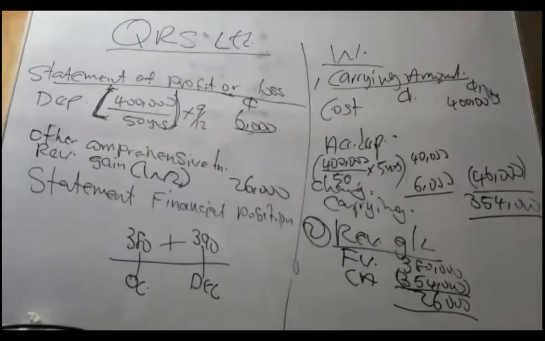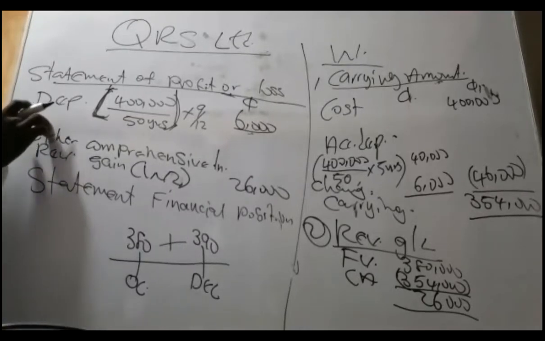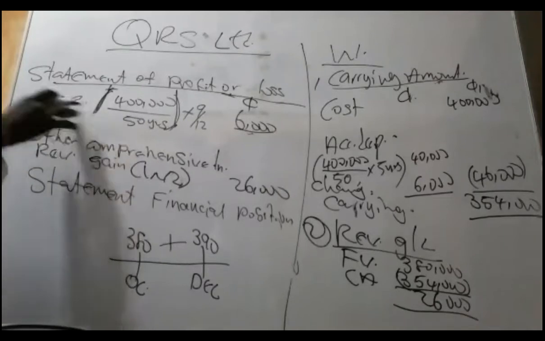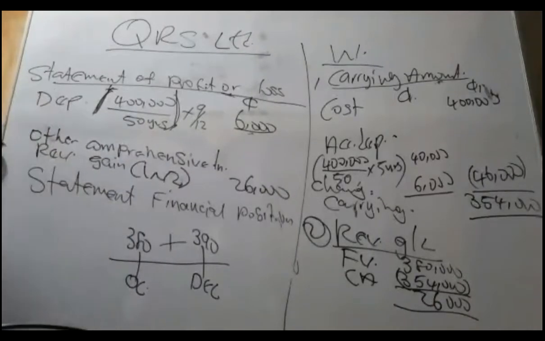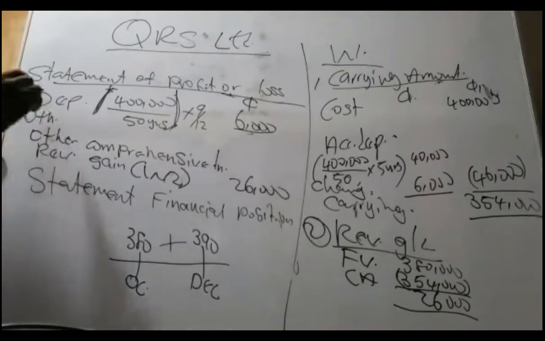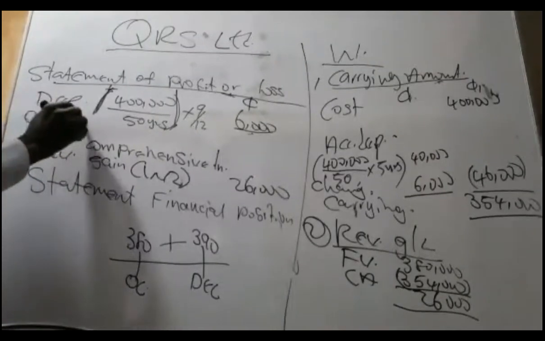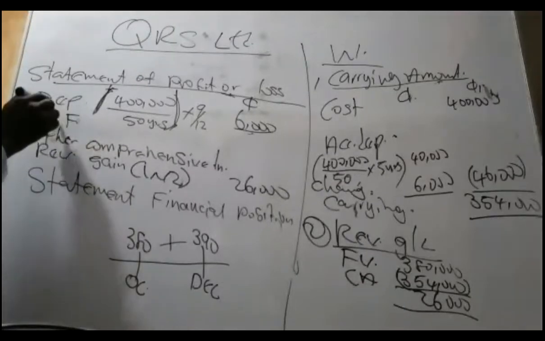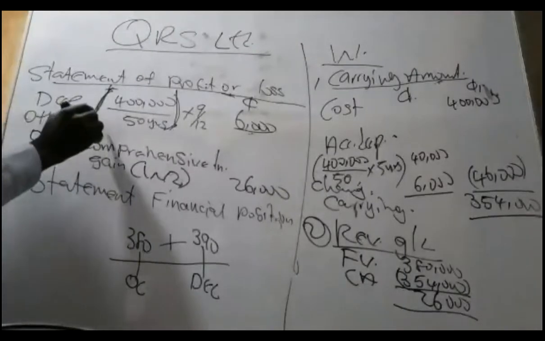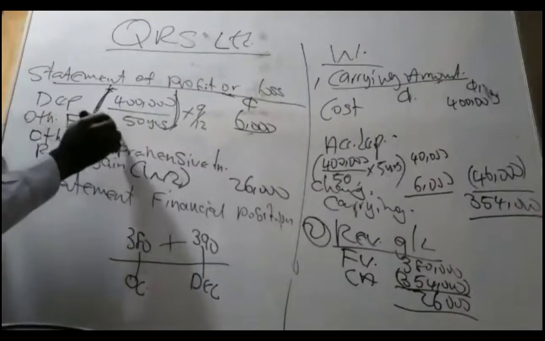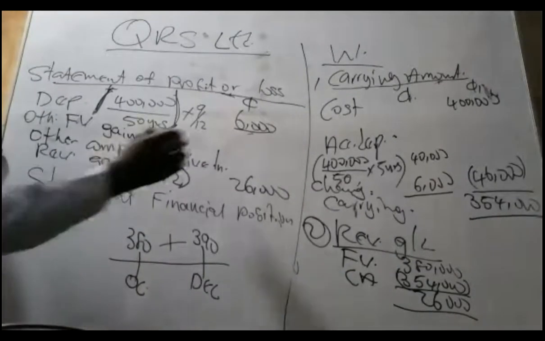Because for investment property, all gains and losses must be reported in the profit or loss. So you go to your profit or loss and record fair value gain. If there's a space here, you write other income. So it must go to other income: fair value gain, 10,000.